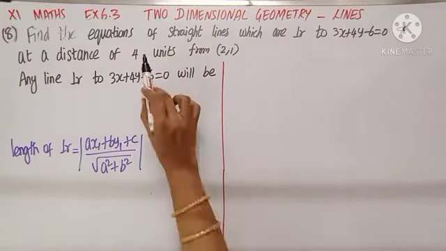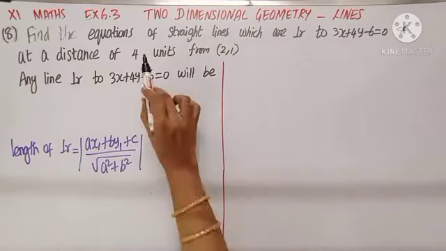As I recall the formula, it is |ax1 plus by1 plus c| by root of a square plus b square. Here the line is x plus y minus 2 equal to 0 and the point is x1, y1, that is minus 10, minus 2.